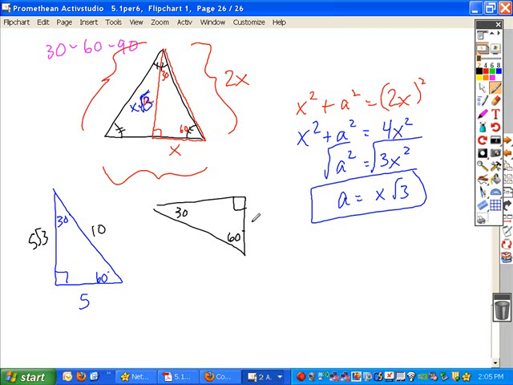Okay, so once again, if I gave you side opposite 30 is 2, the hypotenuse is 4, the side opposite 60 degrees is 2 root 3. You're always going to begin by finding the side opposite 30 degrees.